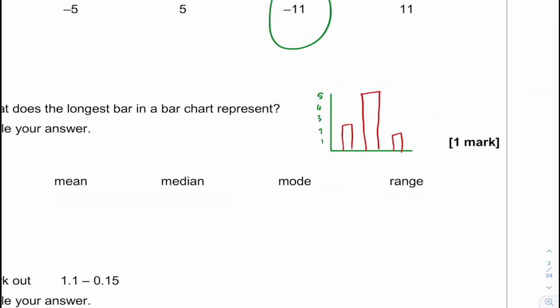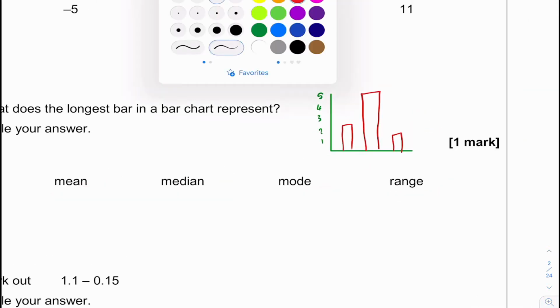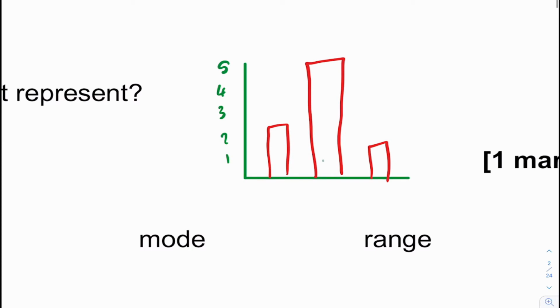Okay, so the longest bar is, of course, this one here, and each of these columns represents a piece of data. So let's say how many cats were spotted in a day, how many dogs were spotted, and how many owls were spotted, I don't know.